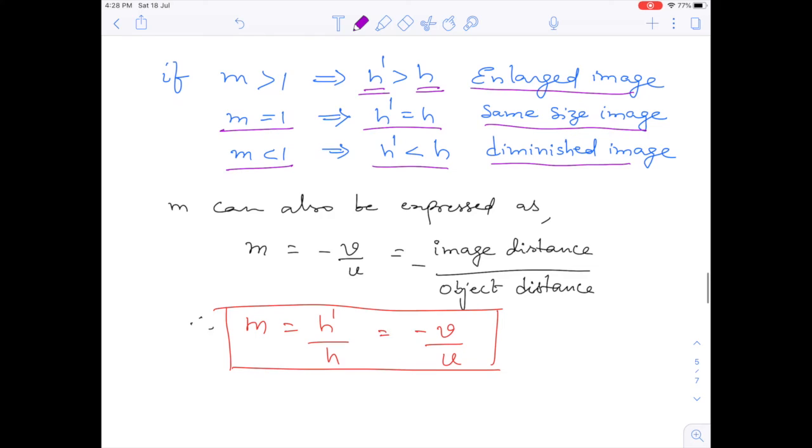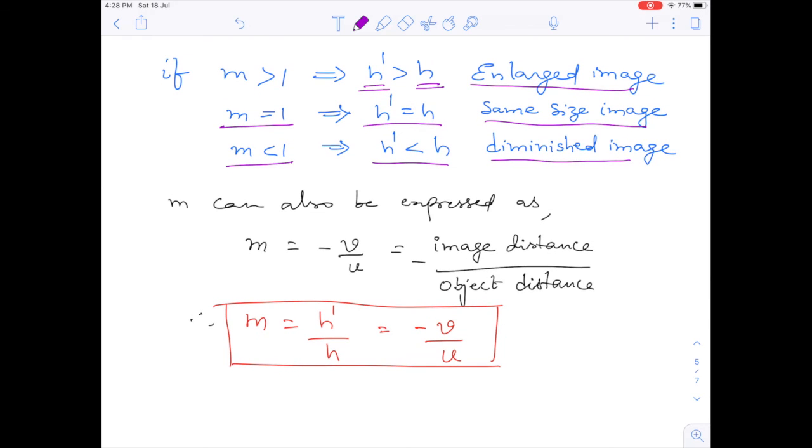Now, because most of the times we don't know the actual heights, magnification m can also be expressed by the ratio of image distance to object distance by this formula, minus v by u. Hence, because m is equal to h dash by h and m is equal to minus v by u, m can be written as h dash by h, which is equal to minus v by u.